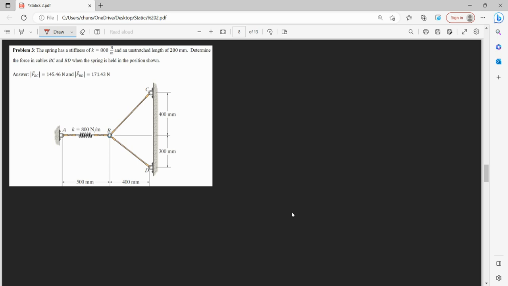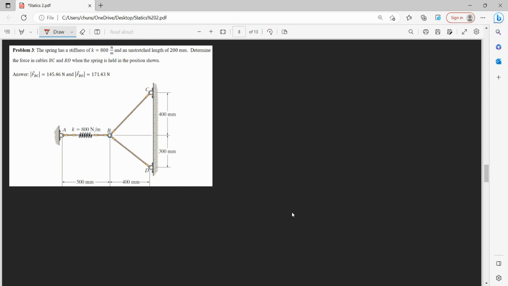So for problem 3, we are given a 2D problem where we have a spring pulling ring B in one direction, held in tension, and two cables in tension pointing away from B as well.